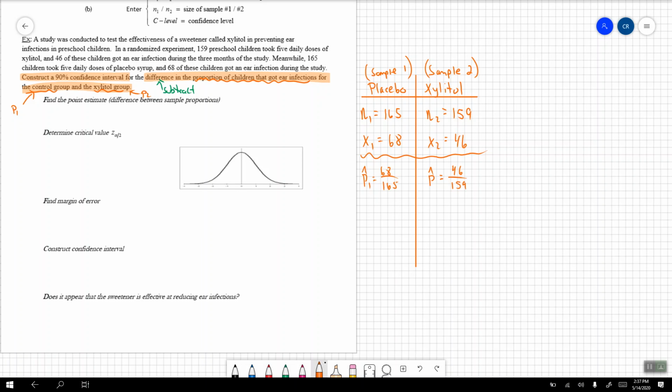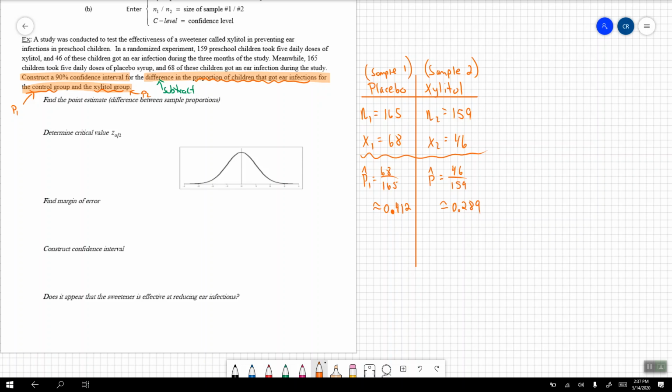I'm going to take these numbers into my calculator, 68 divided by 165, and I should get an approximation of 0.412. There we are, not too bad. And then 46 divided by 159 is approximately 0.289. All right, looking pretty good so far.